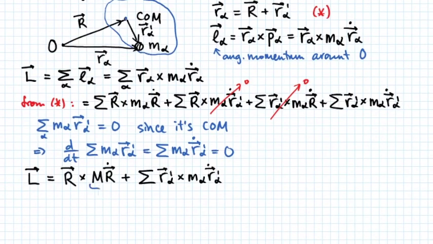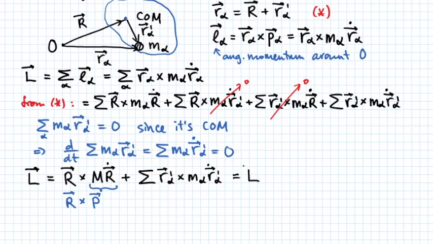The first term we recognize as R cross the total momentum of the solid body, capital P, and the second term we recognize as the motion relative to the center of mass, because only r-primed quantities appear there.